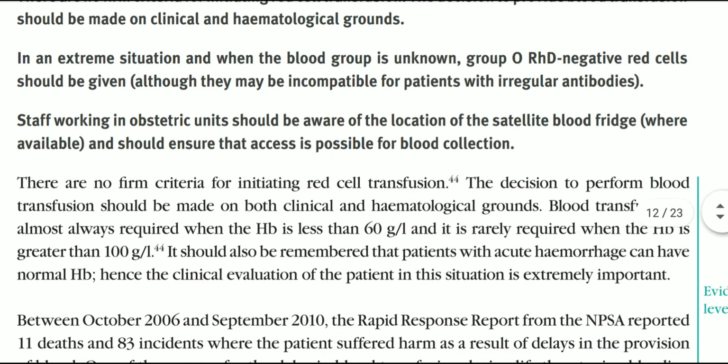It's written that there is no firm criteria for initiating red cell transfusion. The decision to perform blood transfusion should be made on both clinical and hematological grounds. And blood transfusion is almost always required when HB is less than 60 grams per liter and is rarely required when HB is greater than 100 grams per liter.